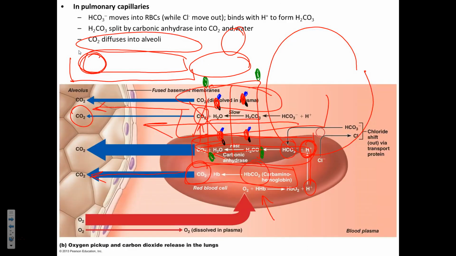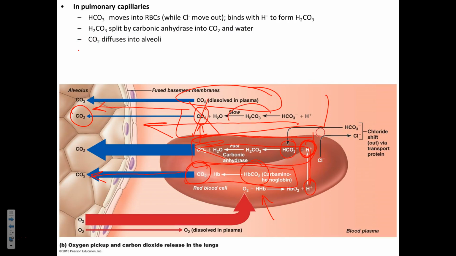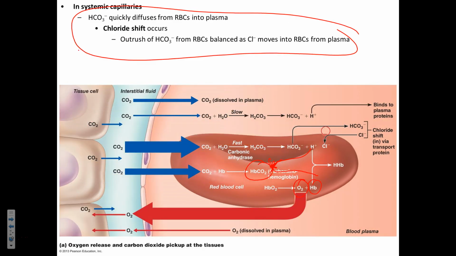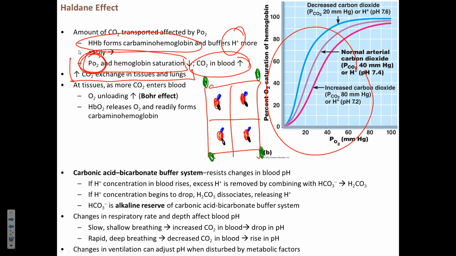Now, this is called the carbonic acid bicarbonate buffer system. It's the most important buffer system in the blood. Why? If blood becomes more acidic, then that extra acid, let me write it down there.